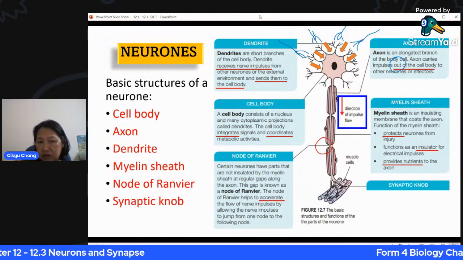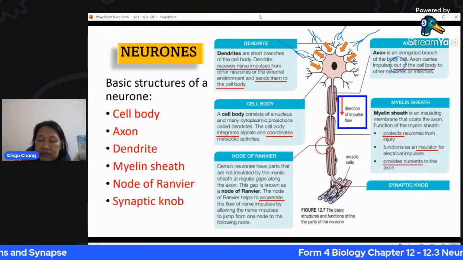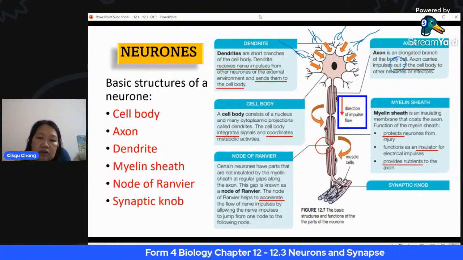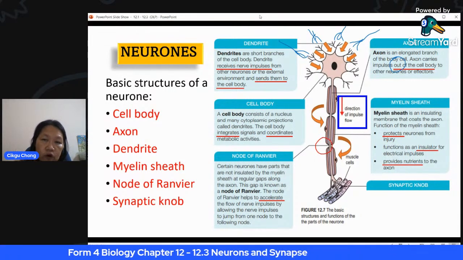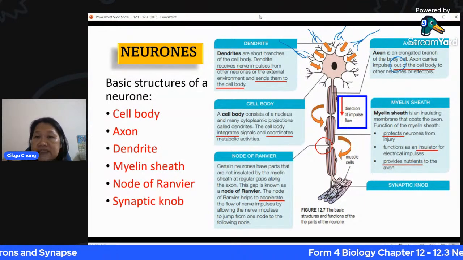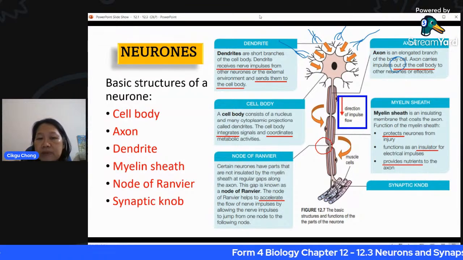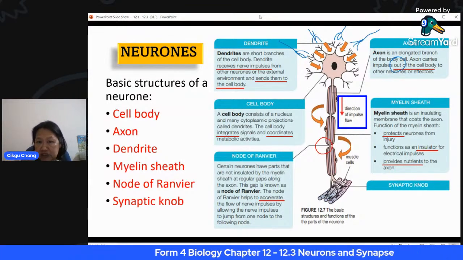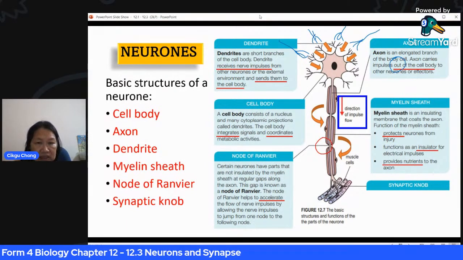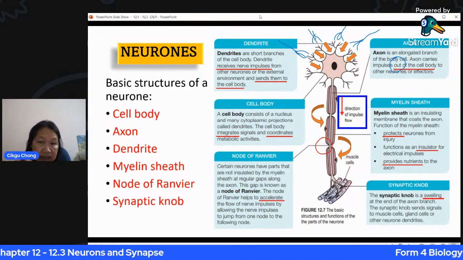Because of the node of Ranvier, they found that the impulse will jump faster. It will be transferred faster for this neuron that has this node of Ranvier. So this gap actually helps to make the impulse flow faster because they jump from one to the other.